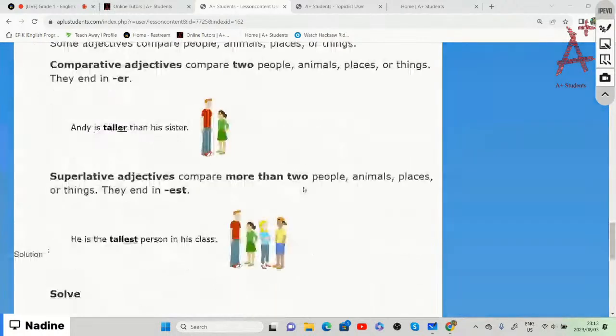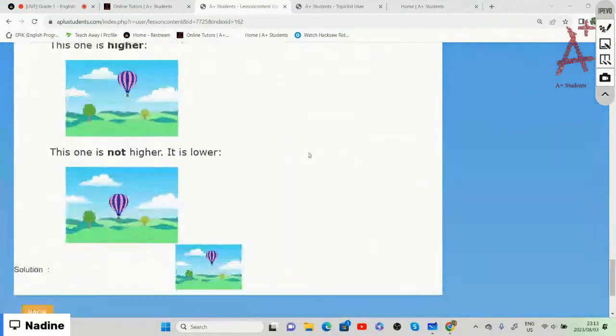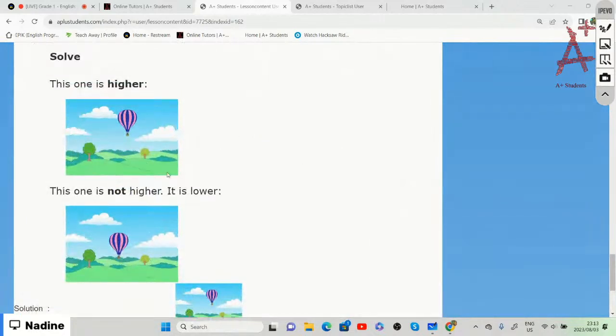All right, we now need to say which one is higher. If we look at the two hot air balloons that we see, we can look at how high it is in the sky compared to the bottom one.